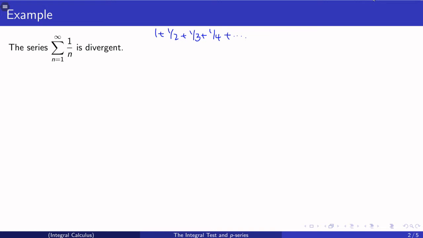The limit of the individual terms is 0, right? As n goes to infinity, 1 over n goes to 0. So we can't really use the test for divergence. It doesn't tell us anything. So what now? What do we do in this case?